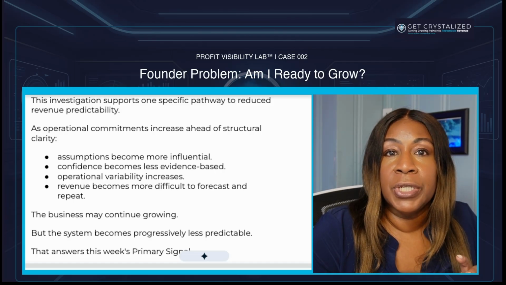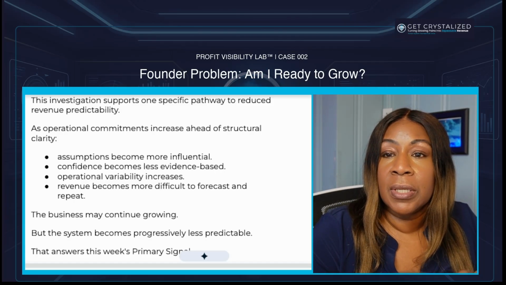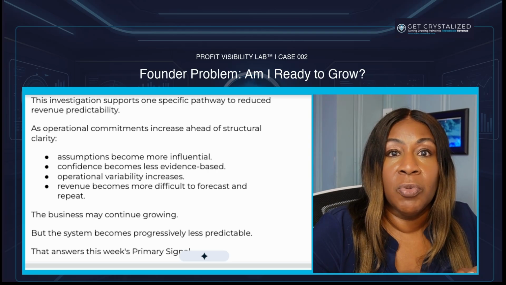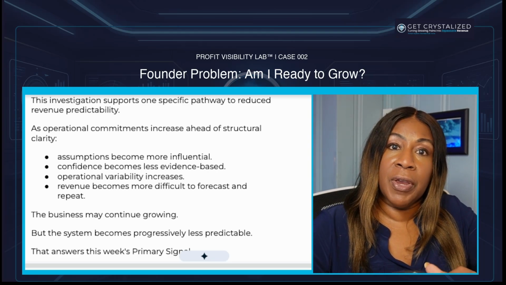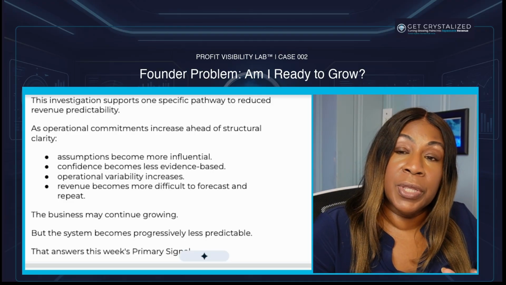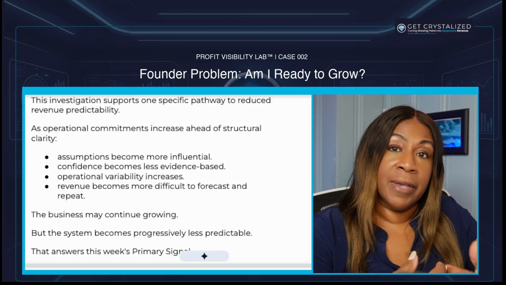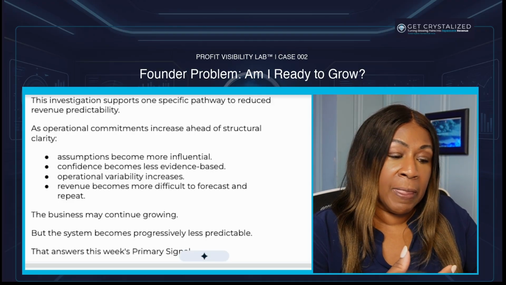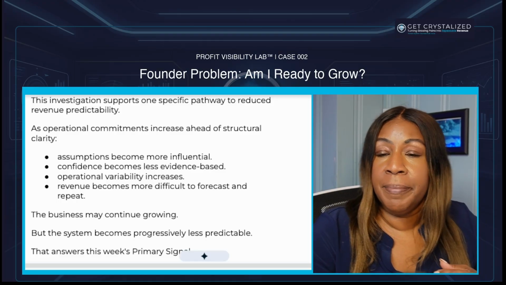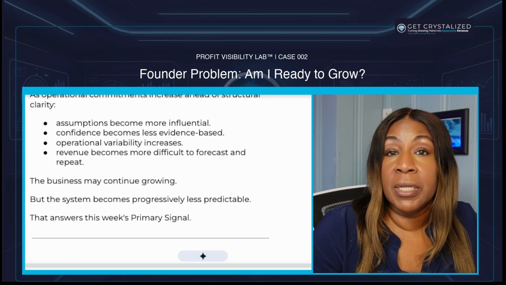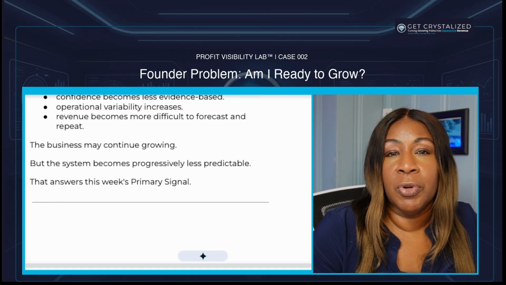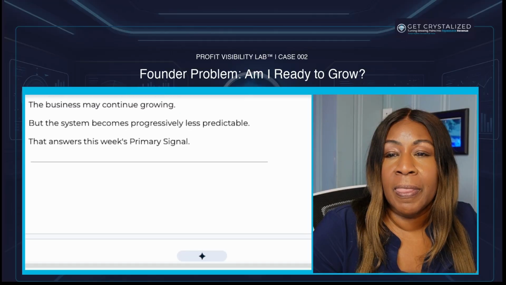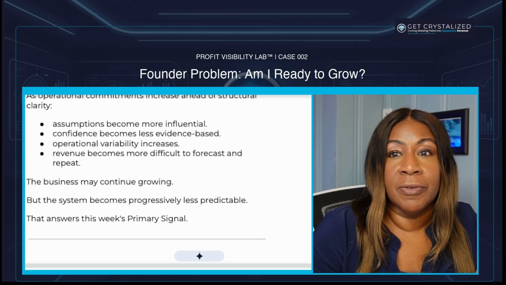Operational variability increases, and revenue becomes more difficult to forecast and repeat, because we're introducing these variants with each decision that we make that has that gap between clarity and commitment. The business may continue to grow, but the system becomes progressively less predictable. That answers the primary signal for this week.